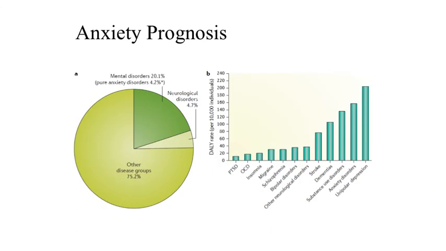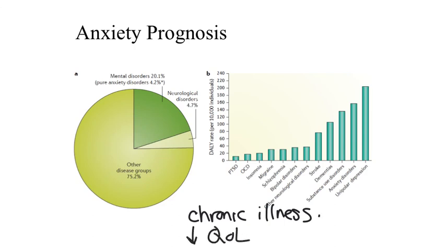In terms of prognosis, anxiety is associated with increased presence of chronic illnesses, lower quality of life, presence of disability, other mood disorders, and other comorbid conditions such as schizophrenia, dementia, and substance use disorder.